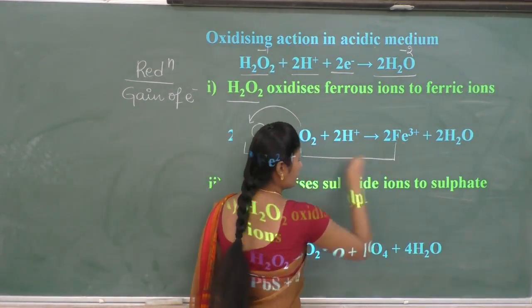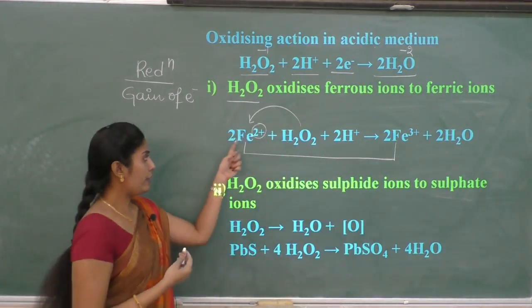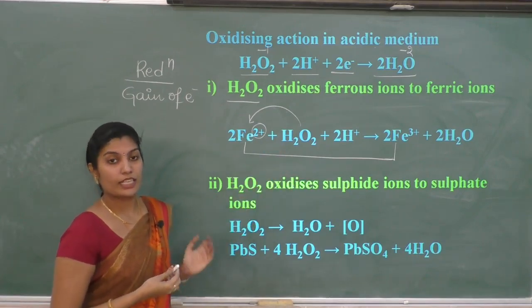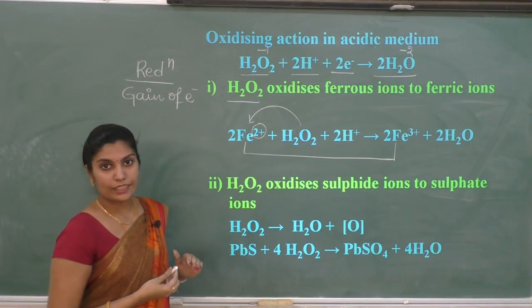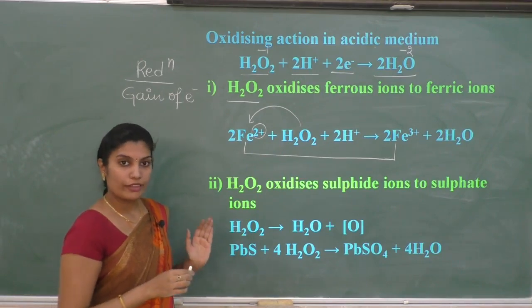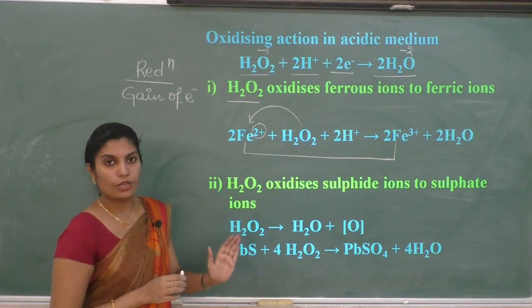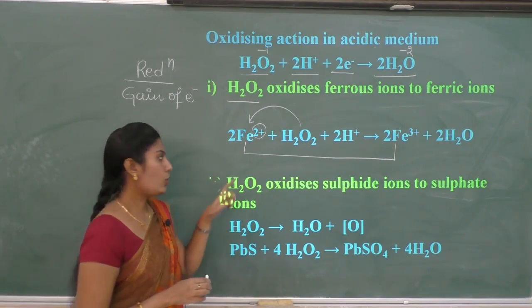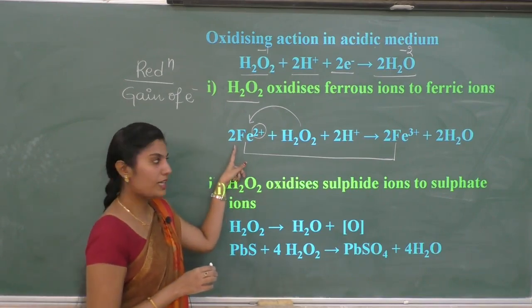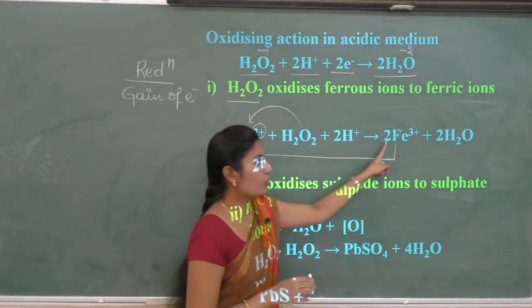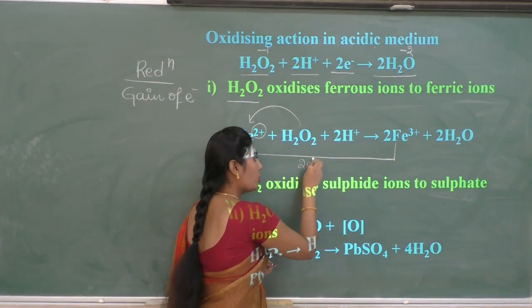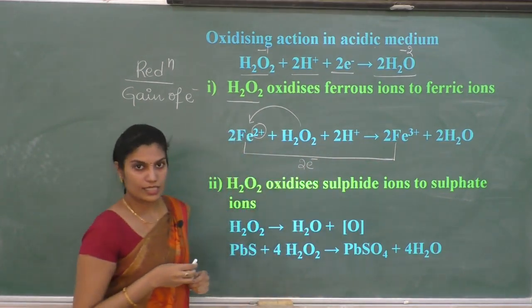That means when Fe2+ changes into Fe3+, it loses an electron, isn't it? When Fe2+ changes into Fe3+ by the loss of electron, there are 2 Fe2+. When oxidized to 2 Fe3+, it is going to release 2 electrons, isn't it?